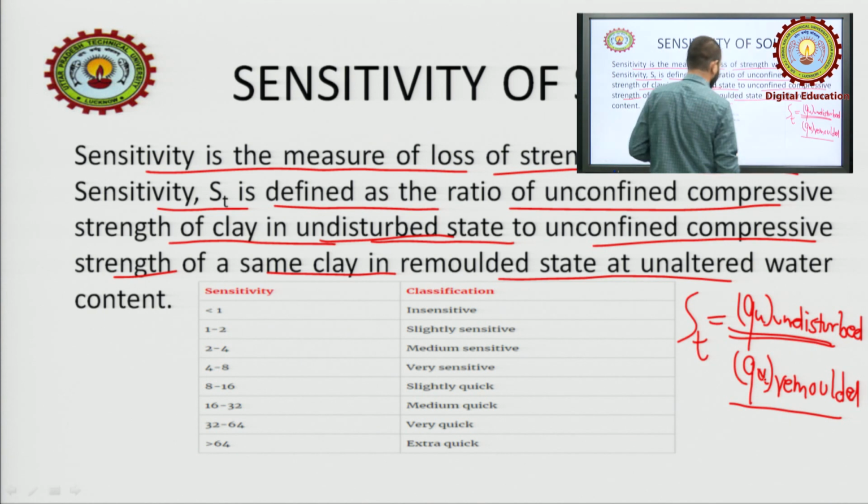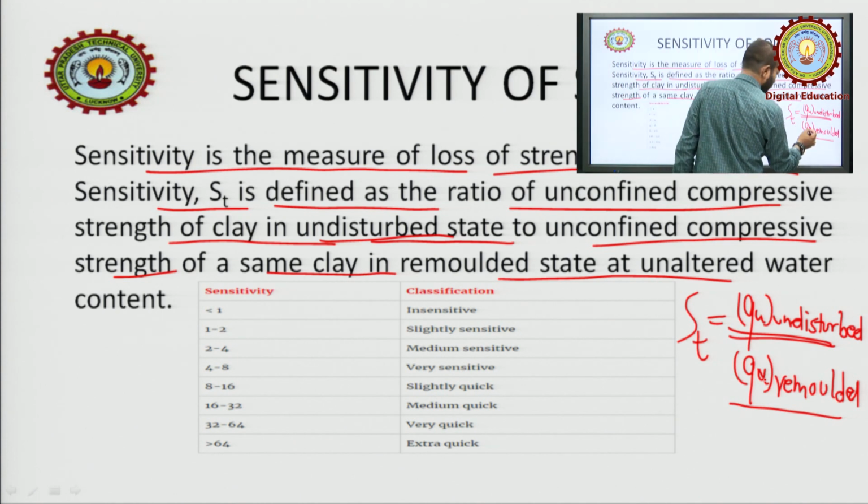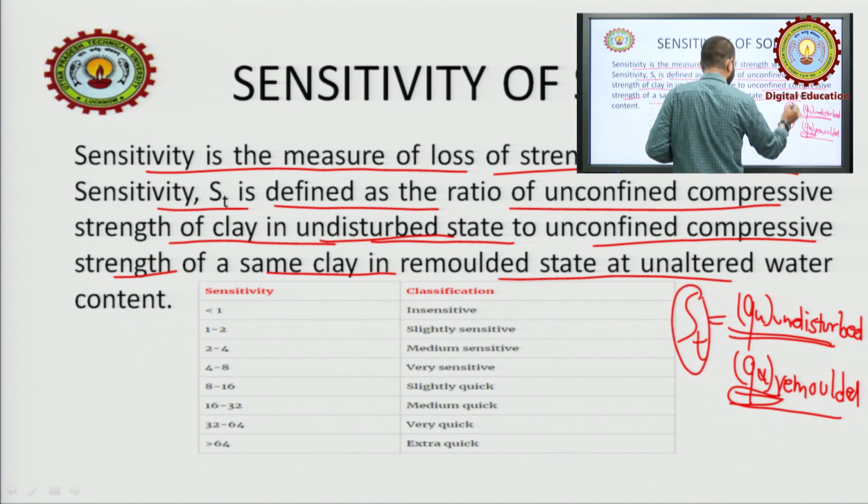This is your formula. In a remolded state there will be shear strength loss, so generally the sensitivity is greater than 1 only.